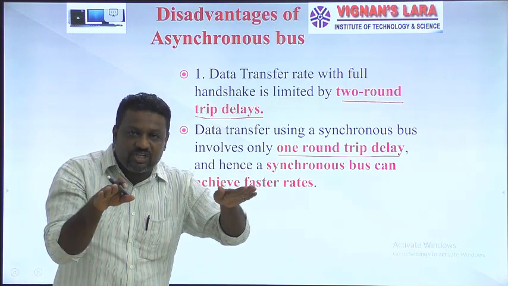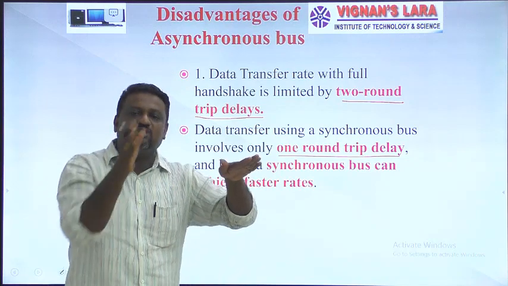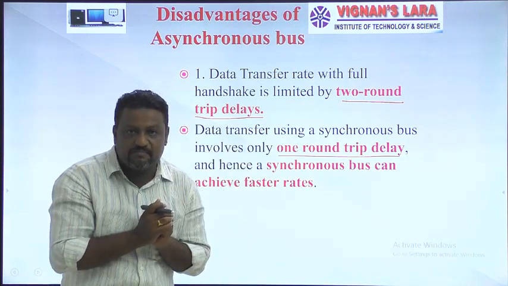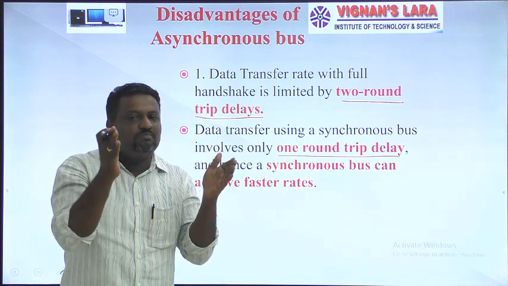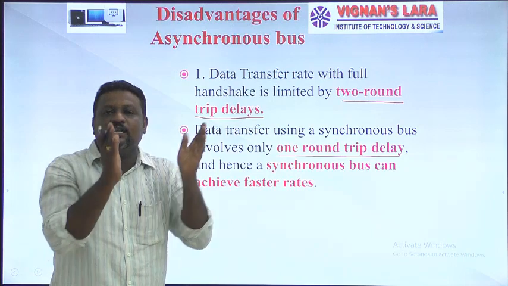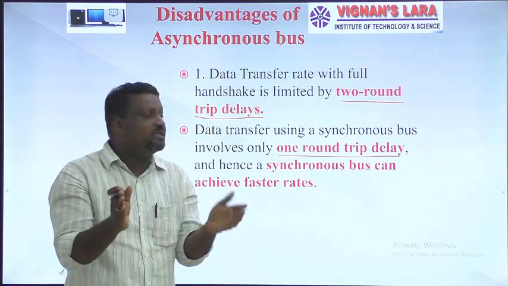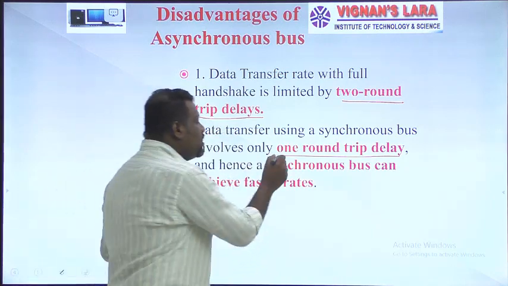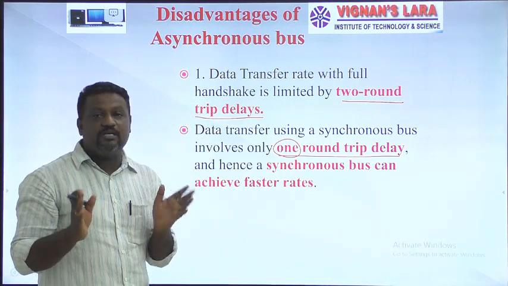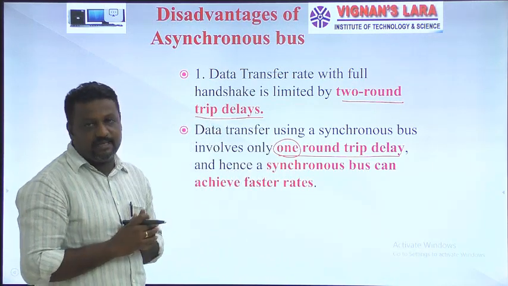If a master initiates a transfer, it informs the slave of its speed of operation by sending a clock pulse, so the master can't expect anything back from the slave. So in synchronous serial communication the round trip time is only 1 round trip delay, but in asynchronous it is 2 round trip delays.